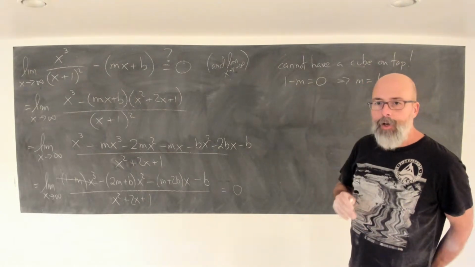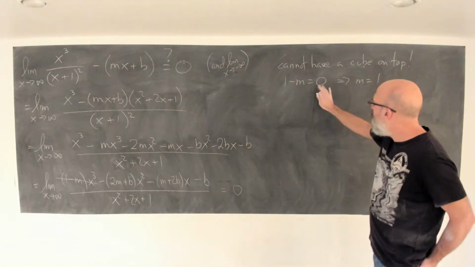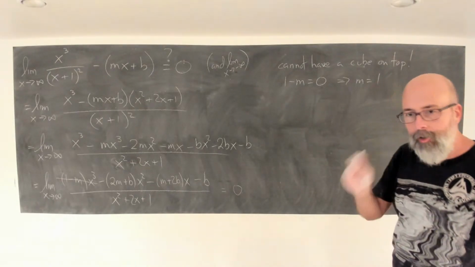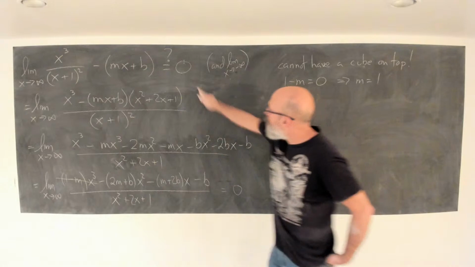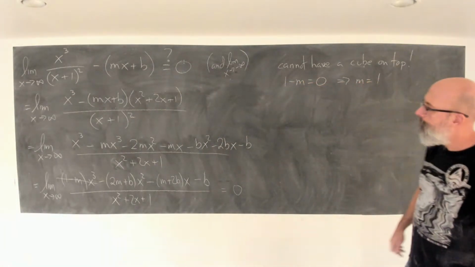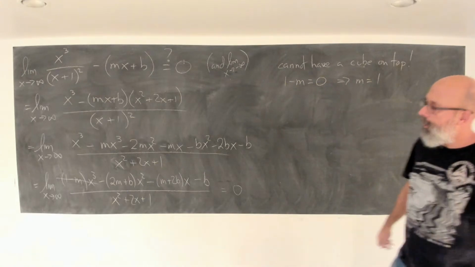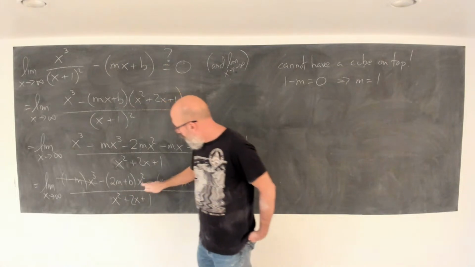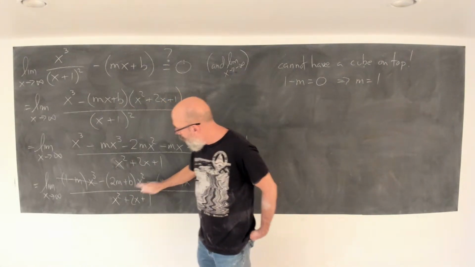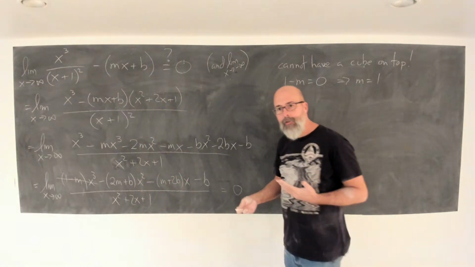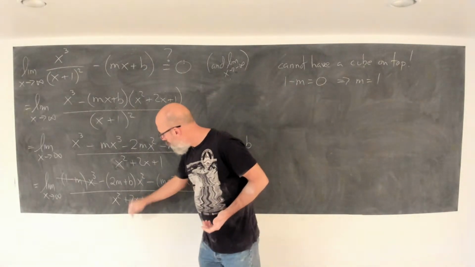So you need 1 minus m to be 0. In other words, you couldn't have a cube to begin with, or else the limit would not be 0, and that's what you want. The limit would have been infinity. So m has to be 1. But in the same argument, if you have a square on top and on the bottom, when you differentiate twice, both become numbers.